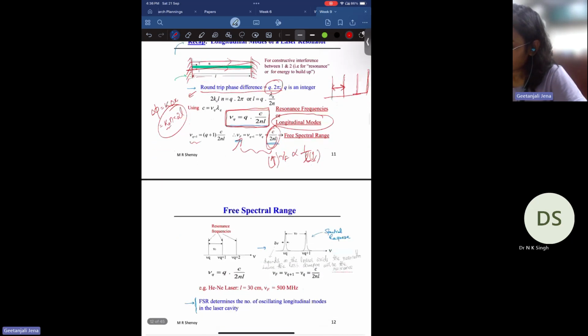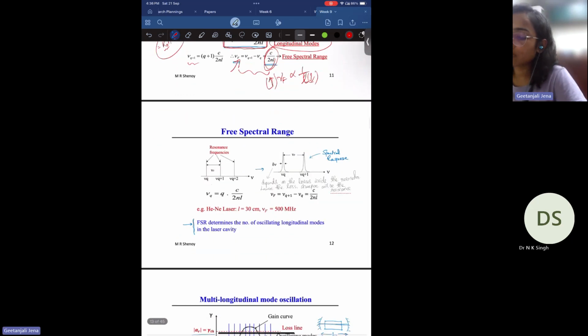After that, for cavity modes, theoretically we assume we'll get straight lines in the spectrum at nu q plus 1 and nu q plus 2. But in a practical situation, these resonance frequencies have a certain line width. This is the actual scenario that we see in a practical system.